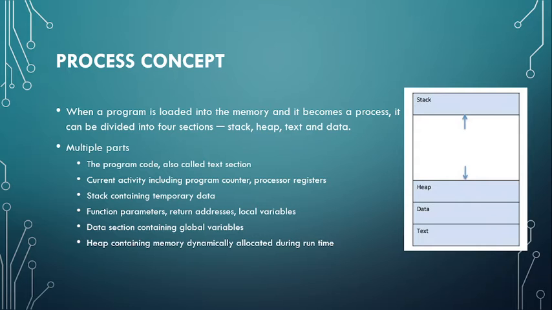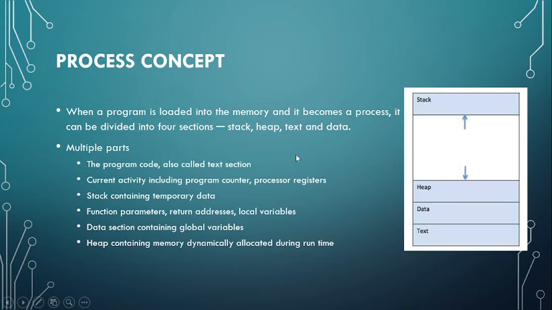How does memory see a process? When a program is loaded into the memory and it becomes a process, it can be divided into 4 sections: a stack, a heap, a text and a data.